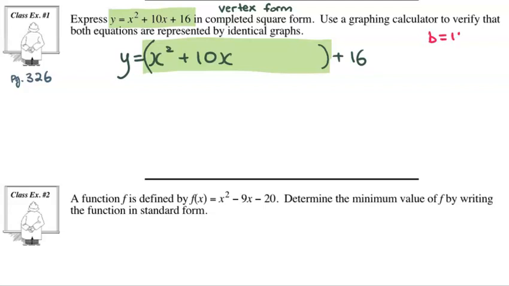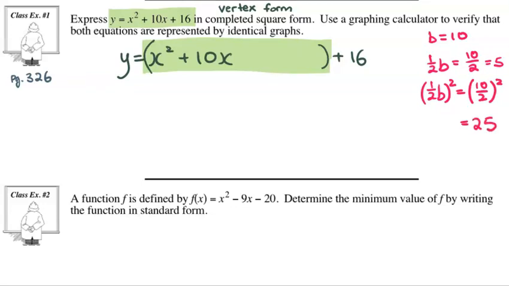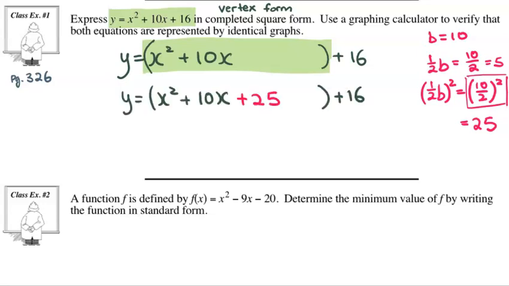B value here is 10, and we're going to take half of the b value, which gives us 10 over 2, which is 5, and then we're going to take half of the b value all squared, so that gives us 10 over 2 all squared, which gives us 5 squared, which is 25. I'm writing out all of these steps so that you can see, hopefully we're just skipping forward to this step here. That gives us x squared plus 10x plus 25, and then on the outside of the bracket plus 16.